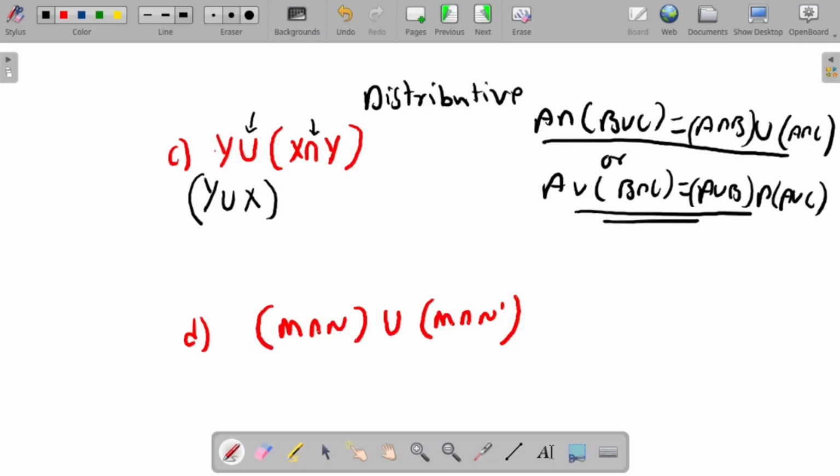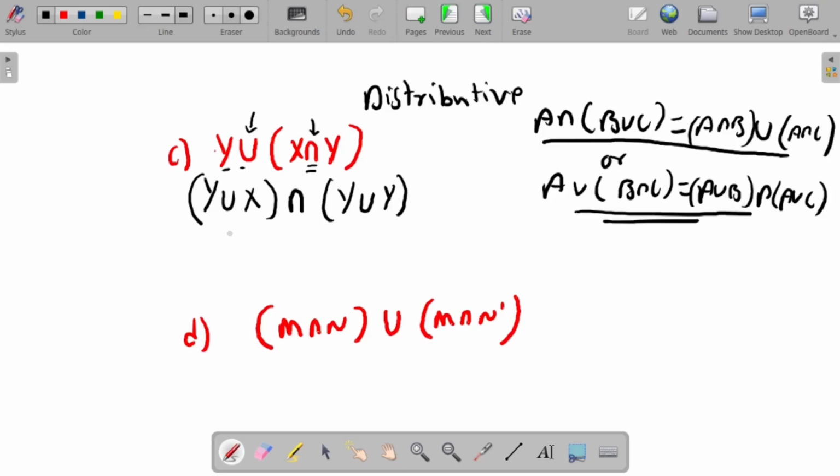So that's the thing. Y union X. Then we pick the symbol in between the brackets. That's what is going to be outside like that. And that is again Y union Y. What are we getting?